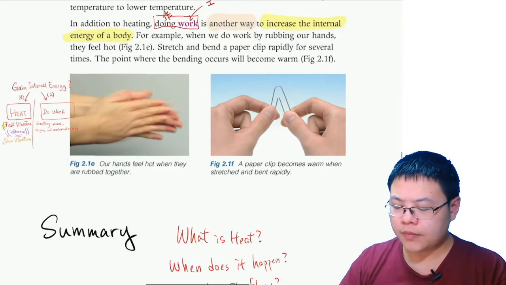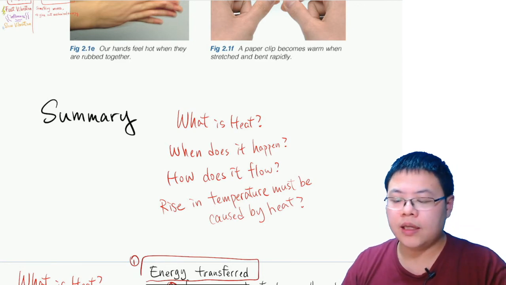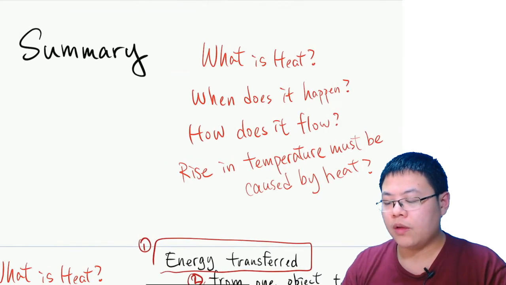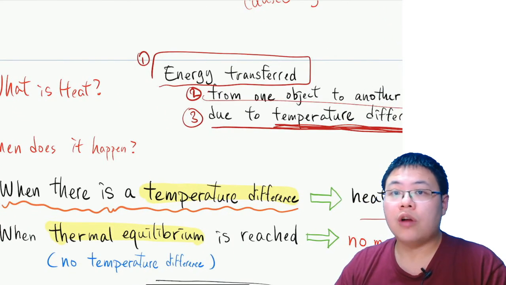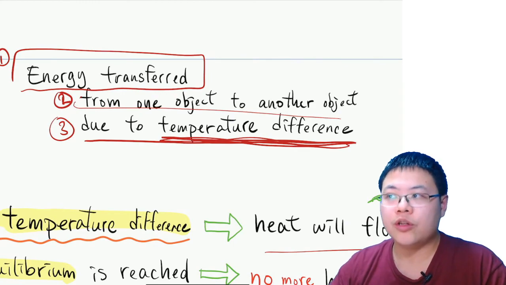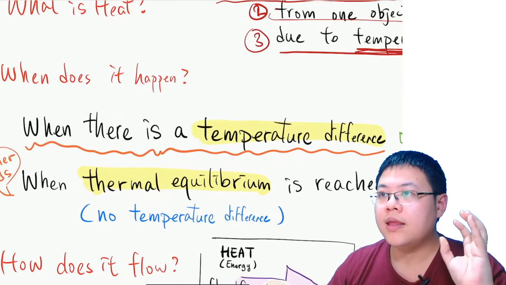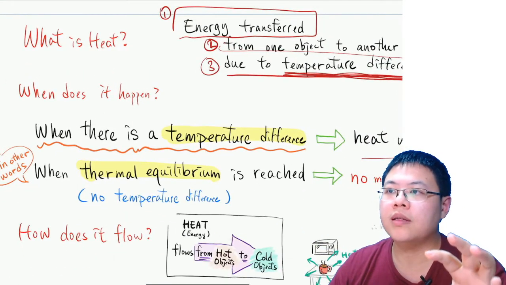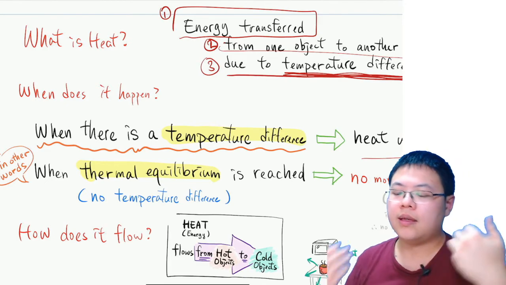Okay, so there is a lot mentioned in this video already, so let's sum it up. What is heat? Heat is the energy transfer from one object to another due to temperature difference. Temperature difference is the key point here. There has to be a temperature difference. And so when does it happen?